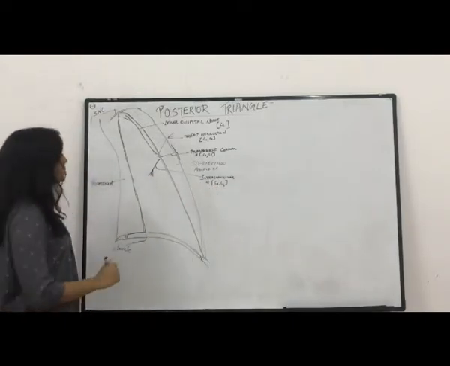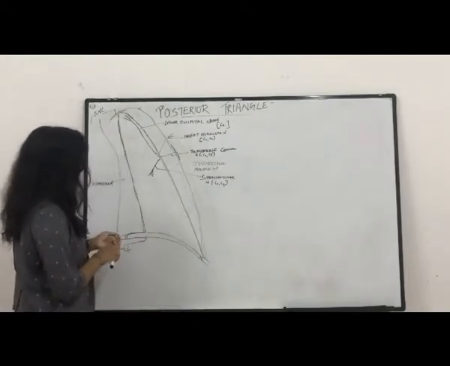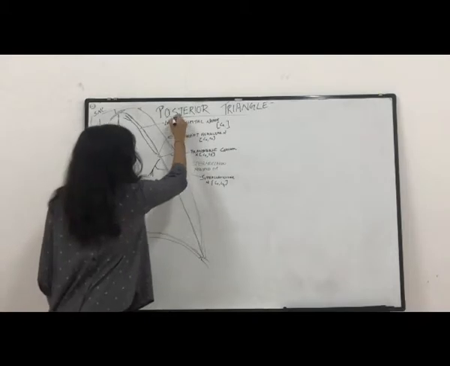Now one more structure pierces, that is the external jugular vein.